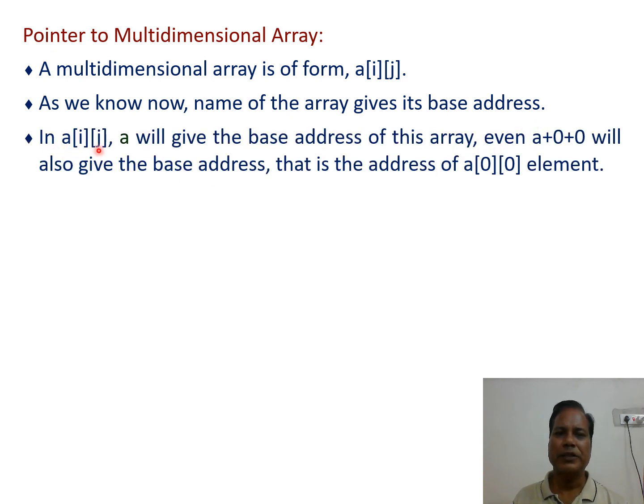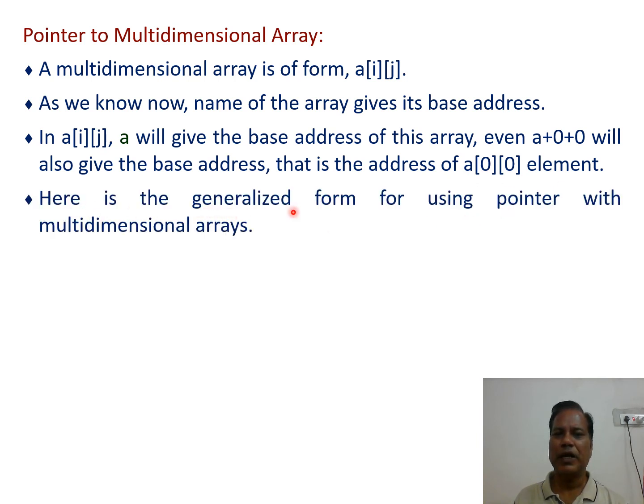For int A[i][j], A will give the base address of this array. Even A + 0 will also give the base address, that is the base address of the A[0][0] element.